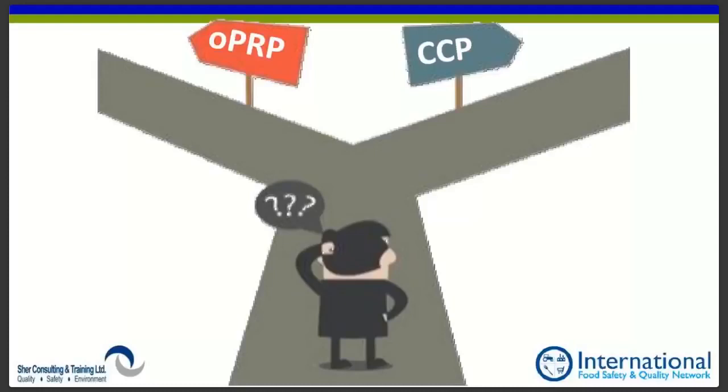And 2 years ago, I gave a webinar to try to help clear this up. It was my understanding that the writers of the standard intended an OPRP to be an operational prerequisite program, meaning it is a PRP that has been identified as essential, and therefore it's now an OPRP.